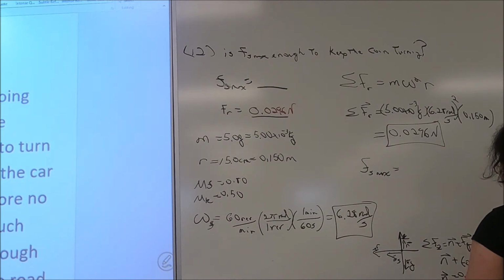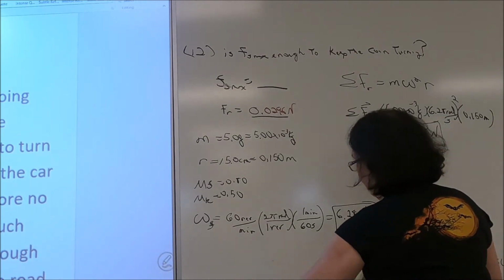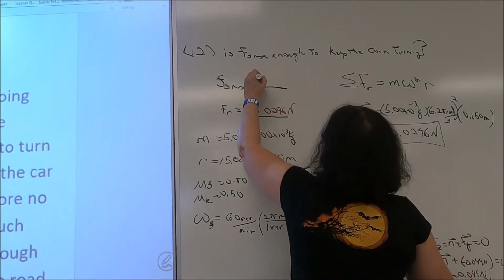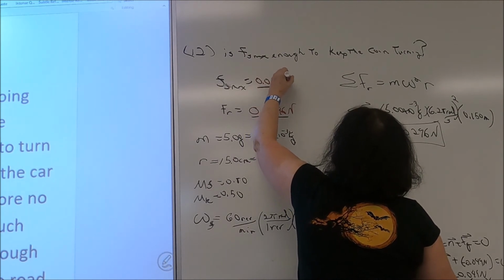So F sub s max is going to be 0.80 times 0.0490 newtons, which is 0.0392 newtons.